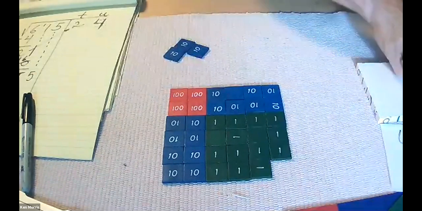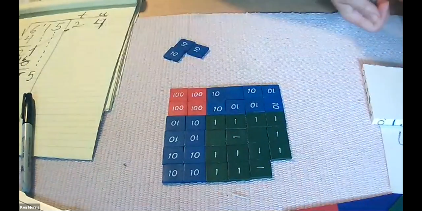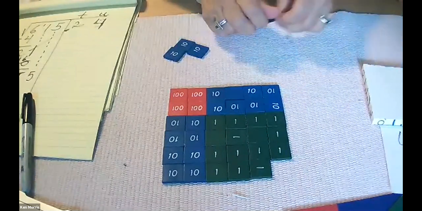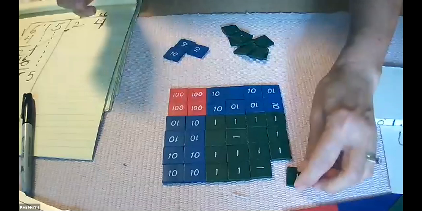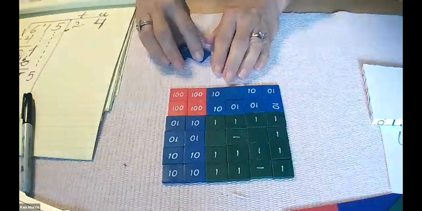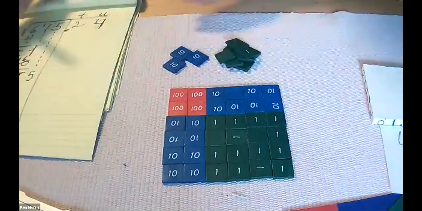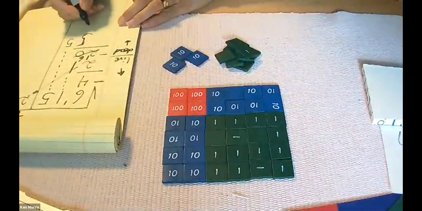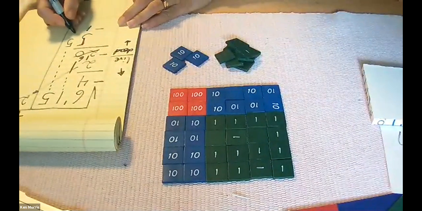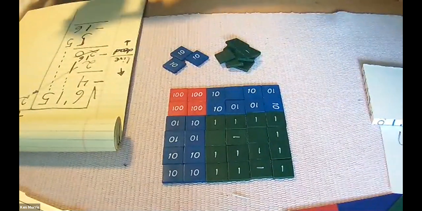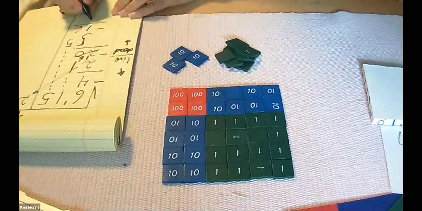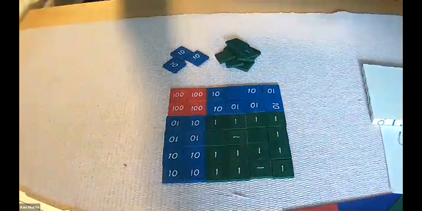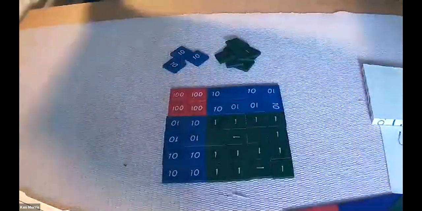I better go ahead and exchange another 10, 2, 3, 4, 5, 6, 7, 8, 9, 10. Complete my square. So of the 55 units, I used 16 of them. Which gives me, well, let me just show.